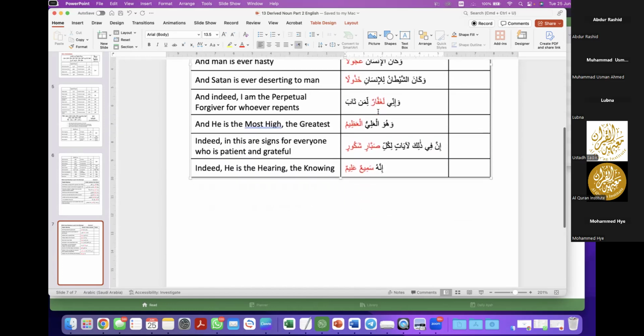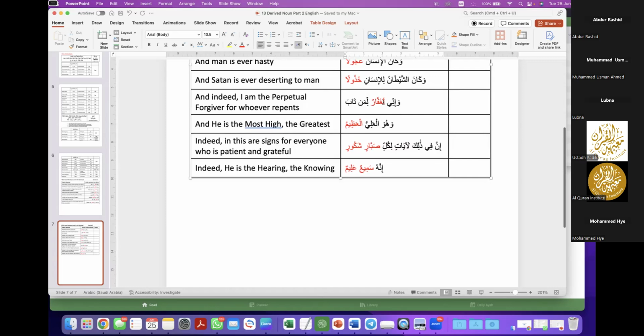وَإِنِّي لَغَفَّارٌ لِمَنْ تَابَ. And indeed, I am the perpetual forgiver for whoever repents. SubhanAllah, what verse? Sister Lubna. I think this is also for emphasis.